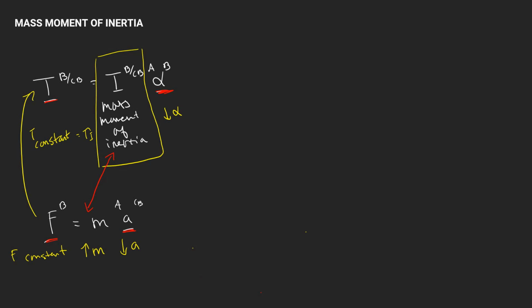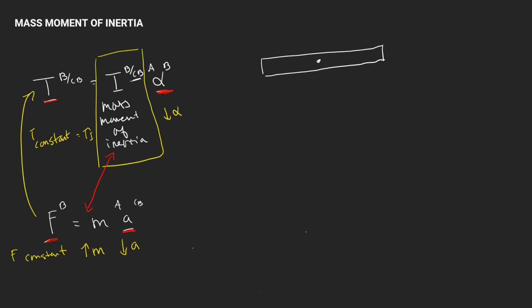Now, it's also important to note that when you calculate the mass moment of inertia for a rigid body, you need to specify the axis of rotation of that rigid body, because the moment of inertia is going to be different depending on the axis of rotation. You may note that here I have CB, which is the center of mass.